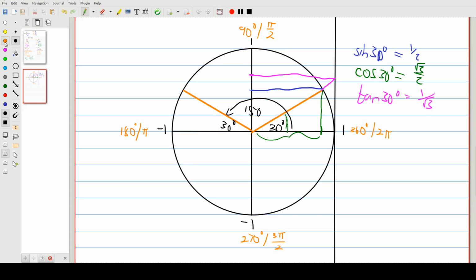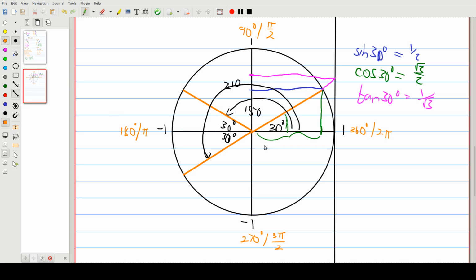In the third quadrant, if we draw a 30-degree angle in here, let me write in 30 degrees there. We go all the way across, that's 180 plus 30, so that'll be 210 degrees. I know it's looking a little bit messy, but that's fine. I might fast forward some of this in post-production.